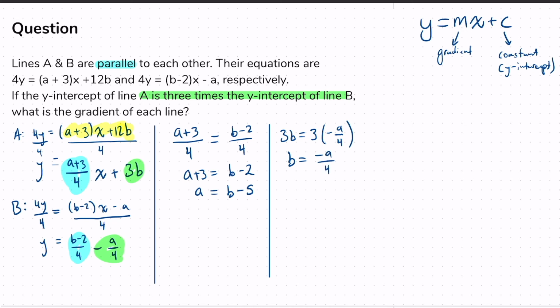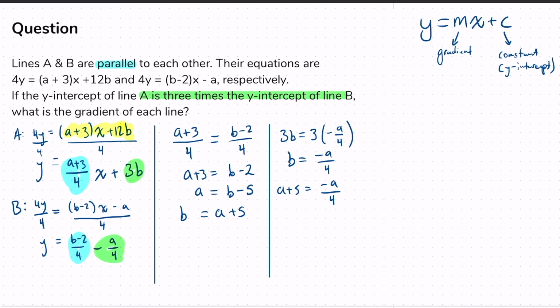Now here's where I want to either rearrange this so that it is a equals, or rearrange my initial one so that it is b equals, which is what I'm going to do. Just makes it a little bit easier. So I add 5 to both sides over here, giving me a plus 5. Well, if that's true, a plus 5 is equal to negative a over 4.